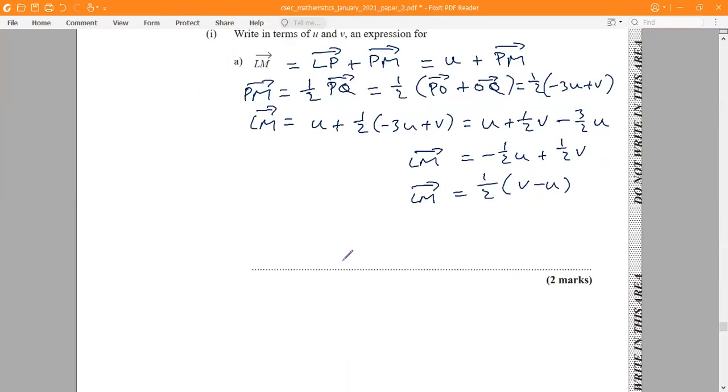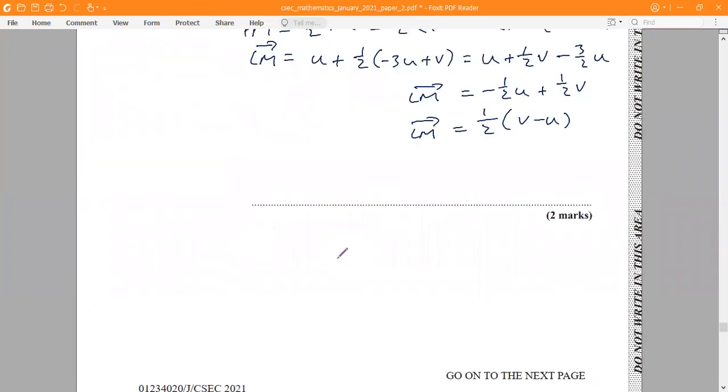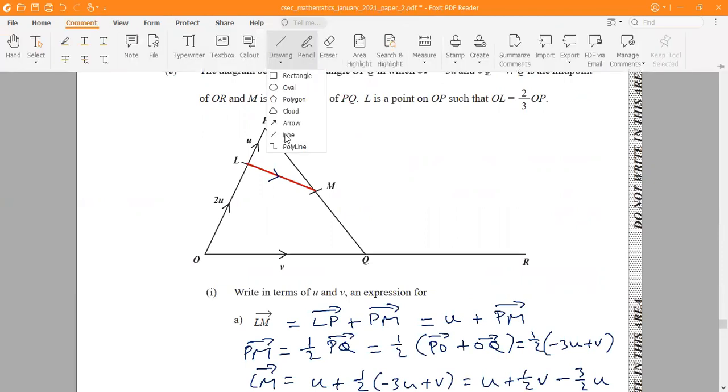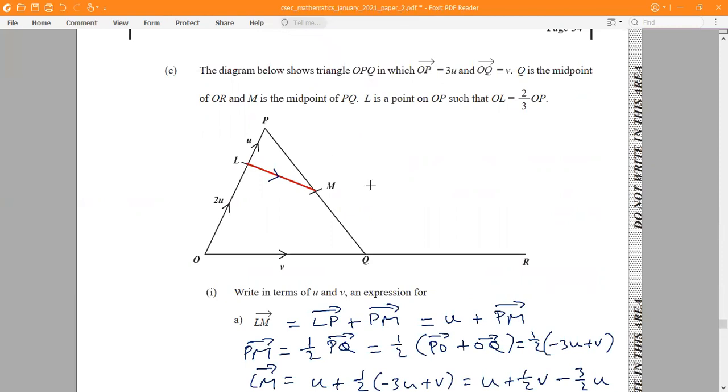We are now asked to find PR. Let's just draw another line from P to R, and this is vector PR. PR is equal to PO plus OR.